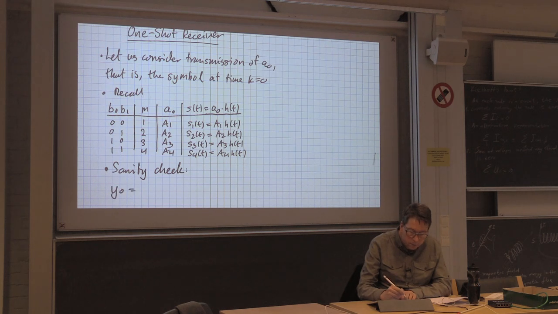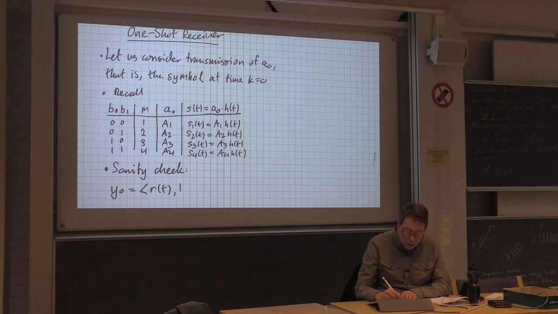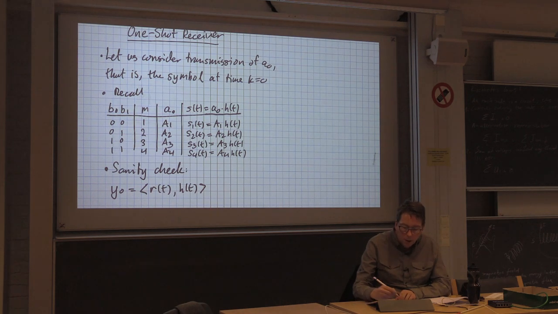Y0 is the inner product of the received signal with h(t). What we want to show is that when the noise is equal to 0, then Z of k is equal to A of k.